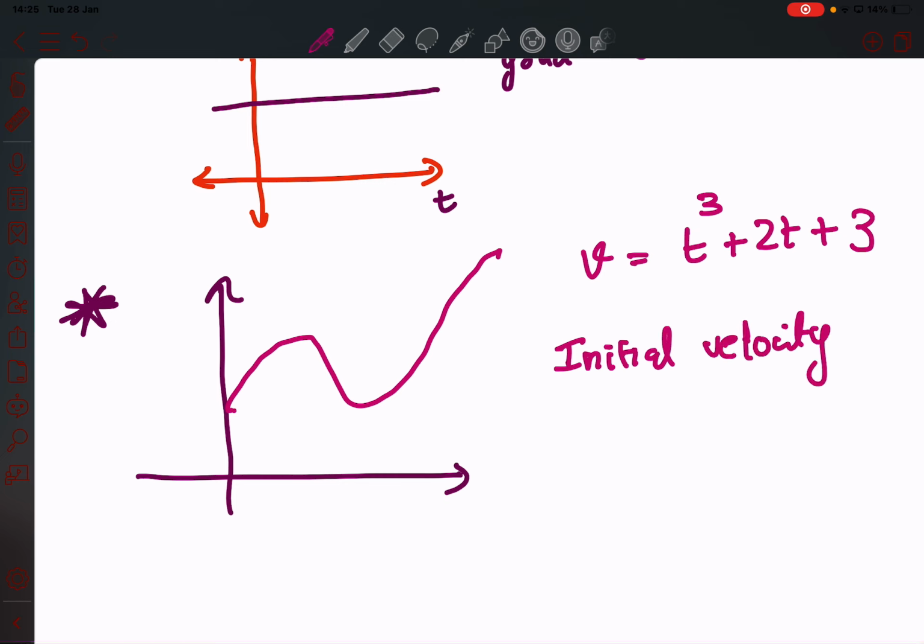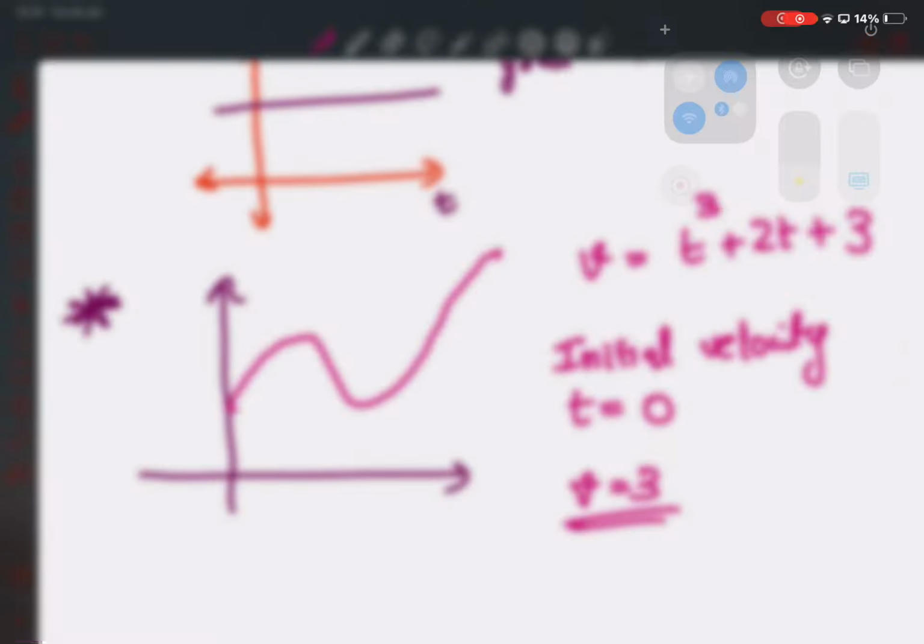Initial velocity means what in normal English? At the start. So at the start, t is equal to 0. So if you want to find the initial velocity, initial acceleration, initial anything, all you have to do is put t equals 0 into your expression. And you can see when you put t equals 0, you get v is equal to 3.